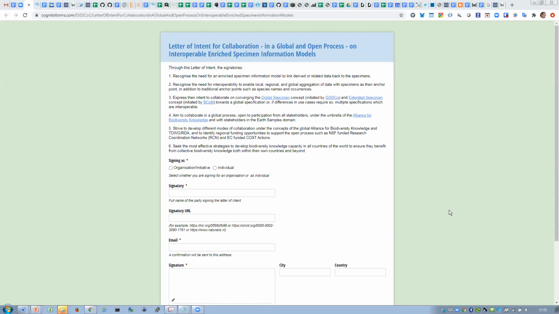But for many people, it's not immediately clear that we are actually talking with each other, and that we are discussing what we are doing now in this session: how we can align our efforts and align these concepts, maybe towards one global specification or multiple specifications that are interoperable, if our use cases are slightly different.